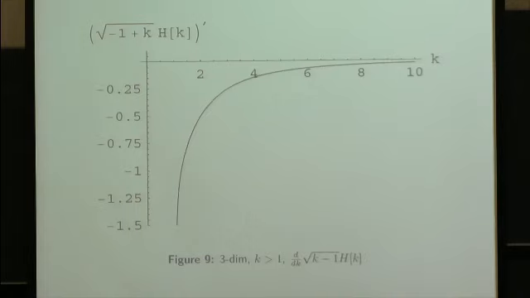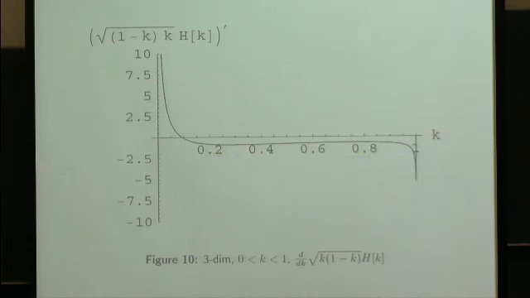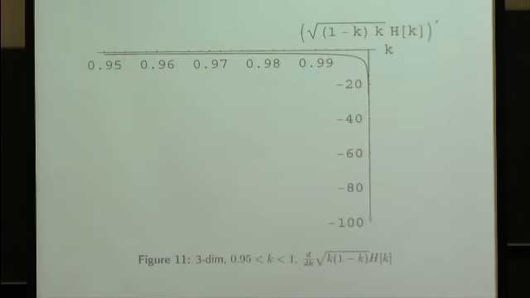This picture is the graph of the derivative of square root of k minus 1 times hk for the case k is larger than 1 and the three-dimensional case. So it's also monotonically increasing. But when we take k in between 0 and 1, for the three-dimensional case, again the derivative will change sign.